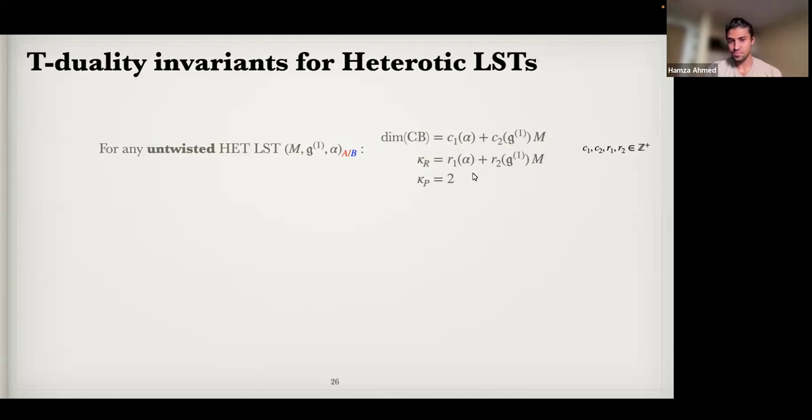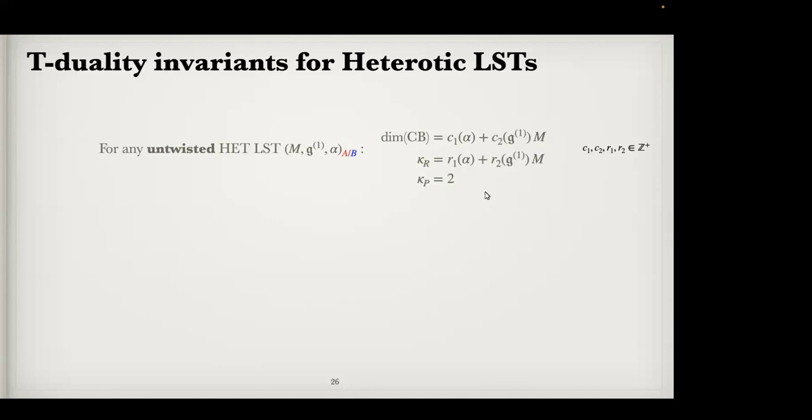Oh, can I ask? Based on my questions, you'll probably get to this on the next slide. But what I'm wondering is, what conditions do you have on the Picard lattice, the Néron-Severi rank of the K3?